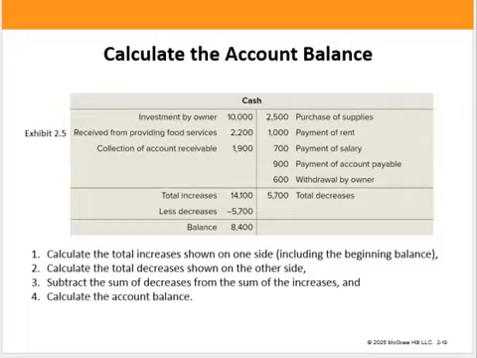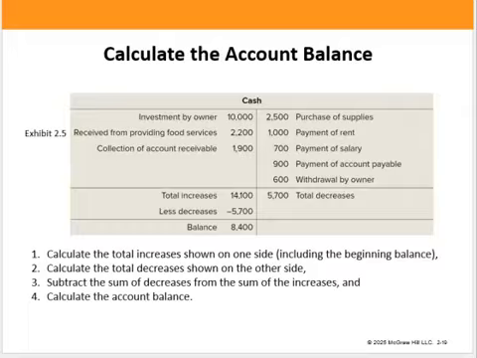So when you look at the individual accounts, for the cash account, if it's posted on the left side, which is where it appears on your balance sheet, then anything that's going to increase the balance of cash is going to go on the debit side or the left side.